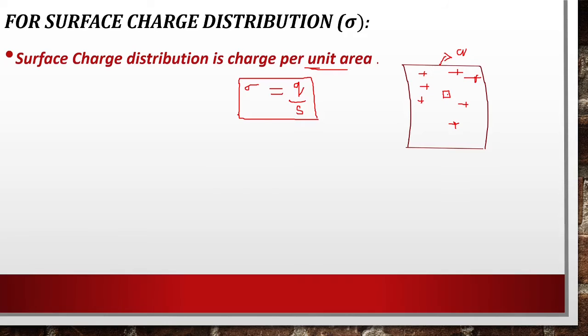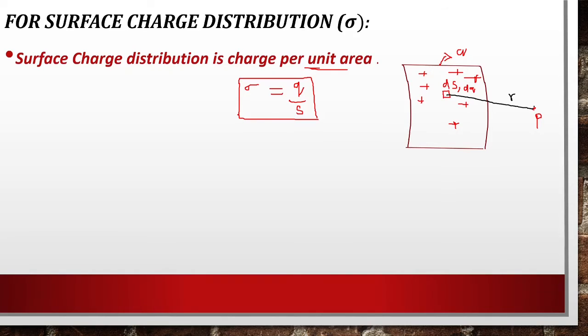This is my ds, and the amount of charge present in this area is a small charge dq. Now consider a point P. We should find the electric field at P due to this whole surface. For that we have considered a small surface area ds, and the charge inside it is dq. The distance between them is r.